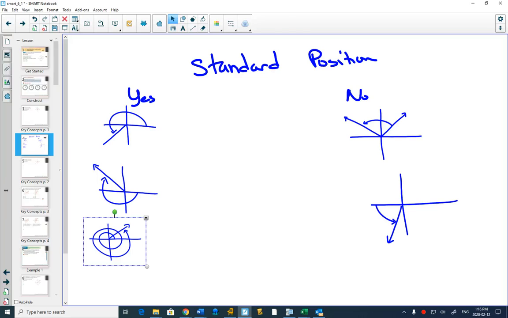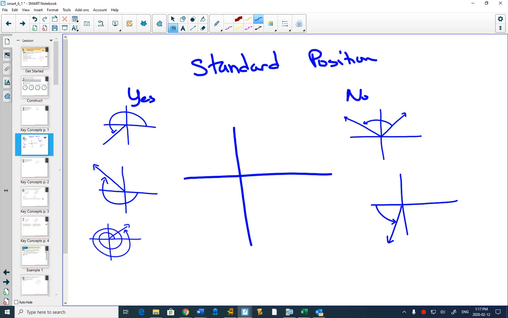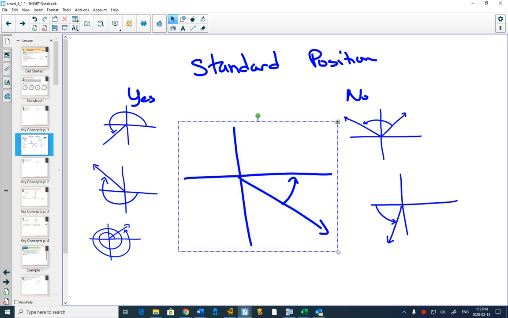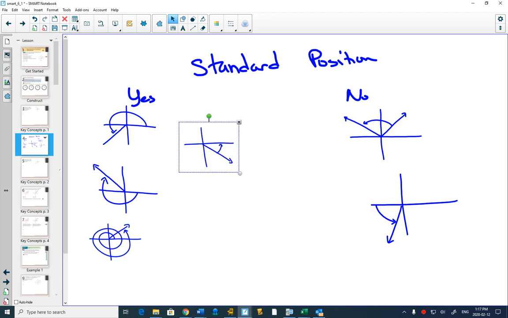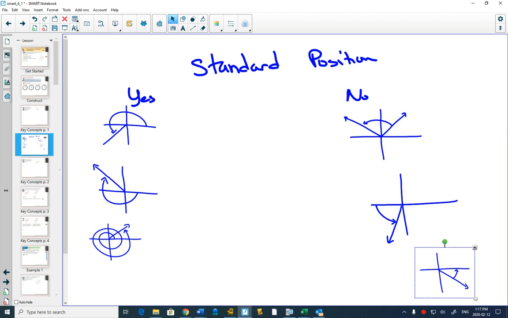Okay, you don't have to write these down. That one, oh, it's already ready. That one is no. What else could I do? How about this one?